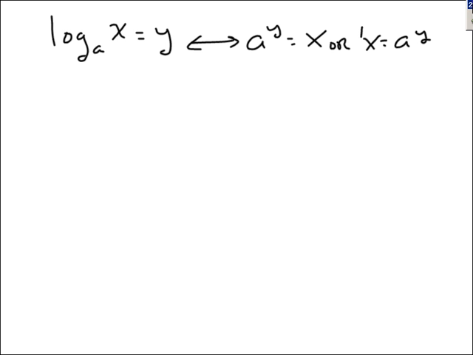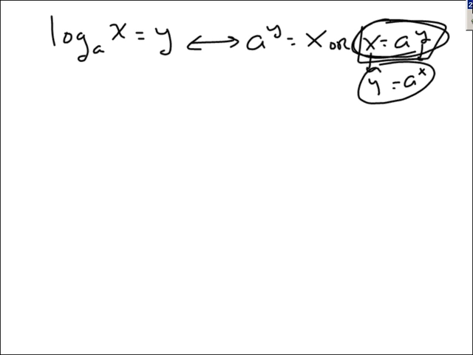Well, this is very similar to what we've done before, except x and y were changed. Here we have y equals a to the x, and here x and y are interchanged.